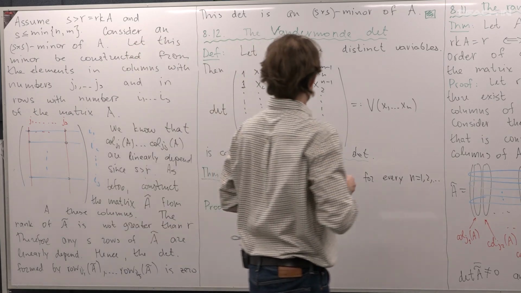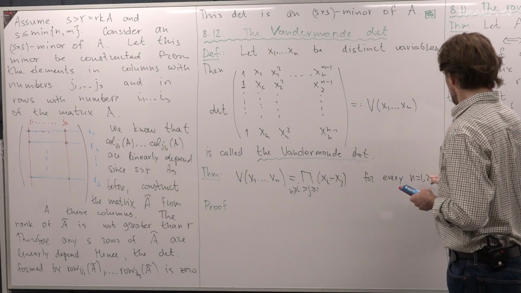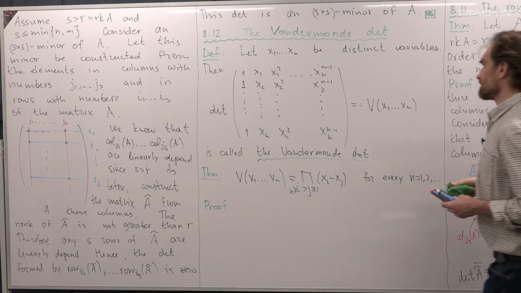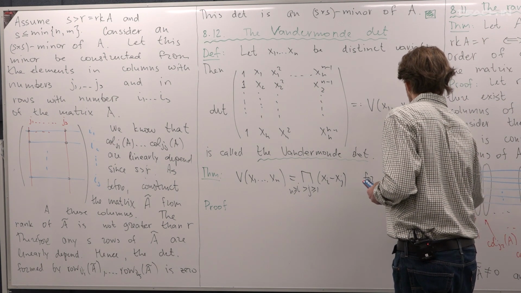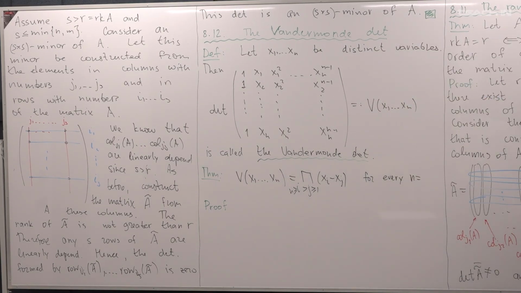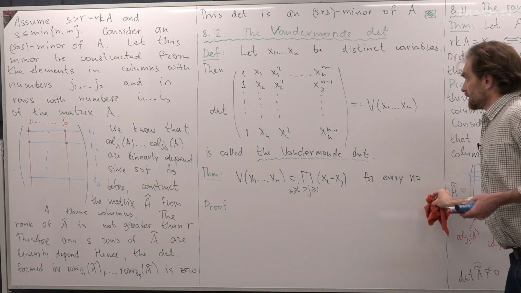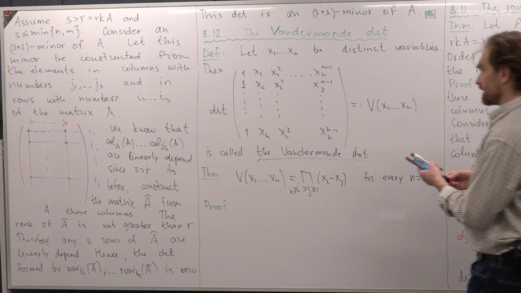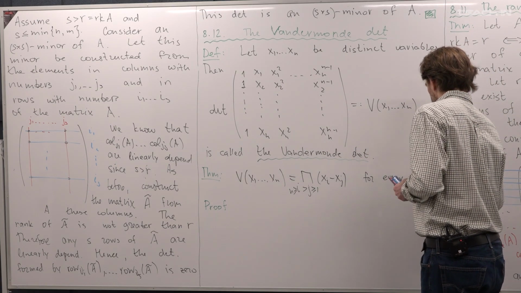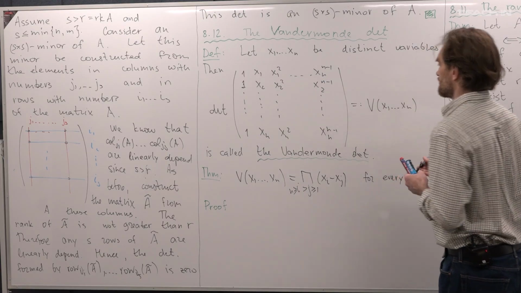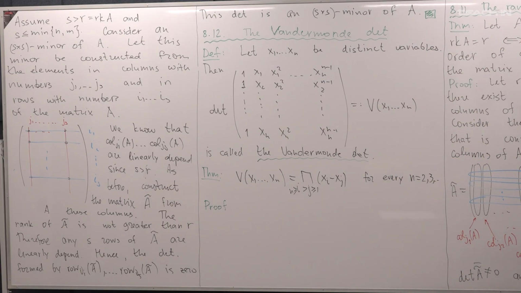Maybe it's better to say that n ranges not from 1 but from 2, just because it is not clear what this determinant is for n equal to 1. Of course we can say that it is just the determinant of the matrix that consists of the only element 1, but maybe it's better to say that n starts from 2 here.